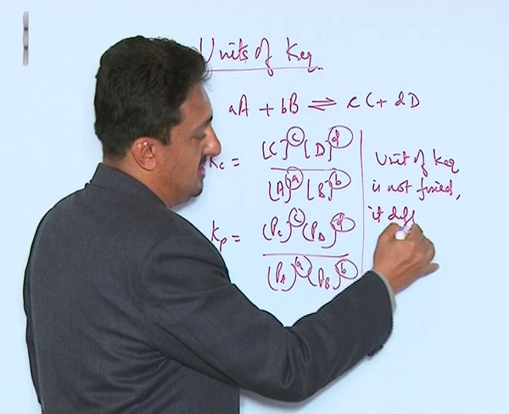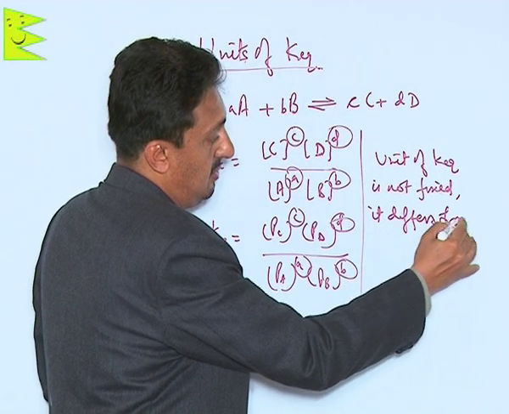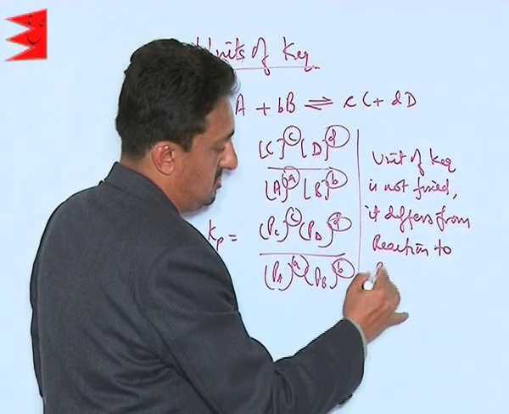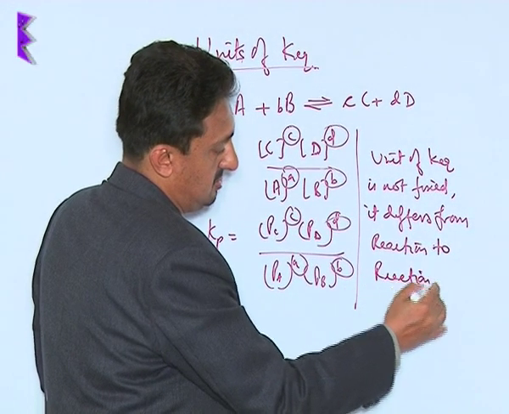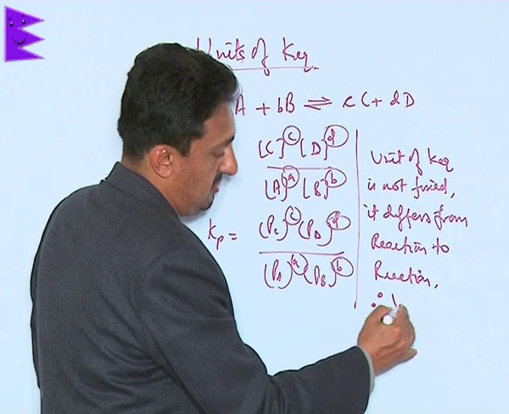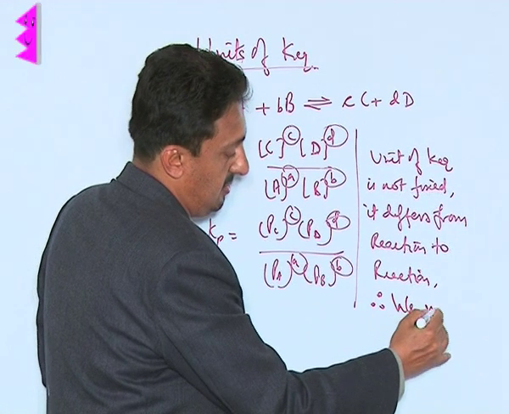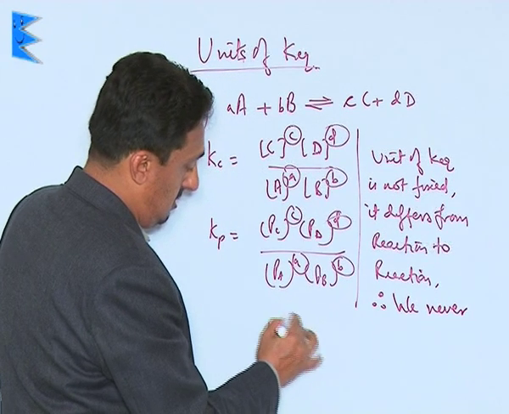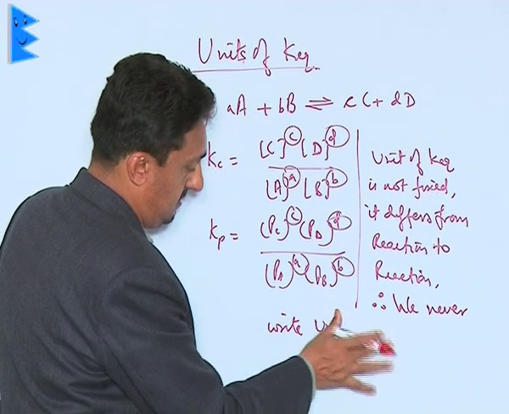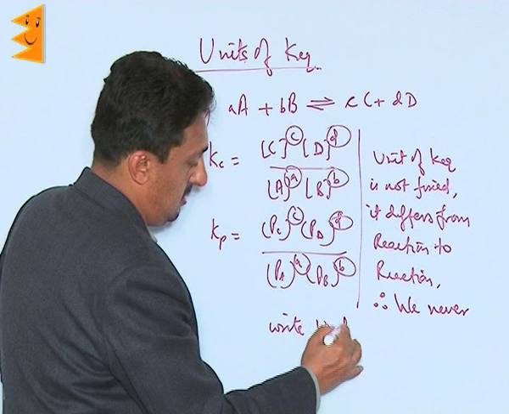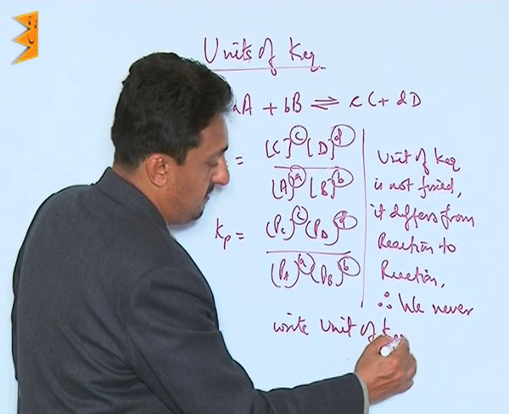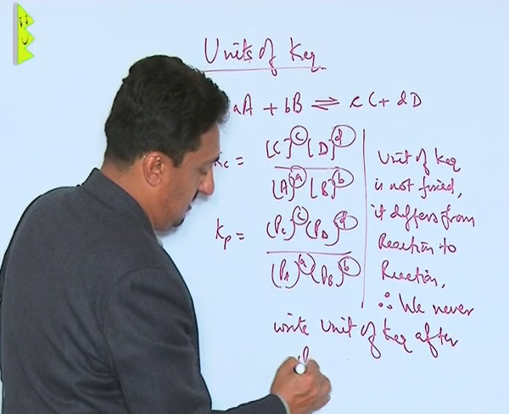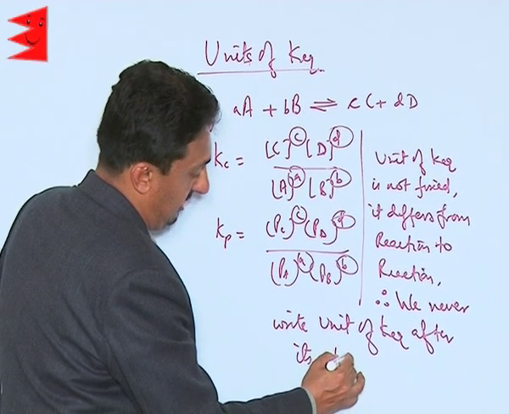It differs from reaction to reaction. Therefore, we never write the unit of the equilibrium constant after its value.